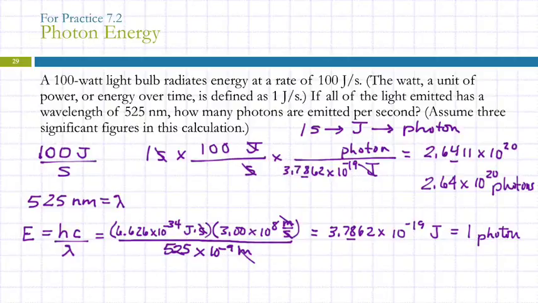That's a lot of photons. Any questions? So, by understanding how to cancel out units, we can put these sorts of problems together just by looking at how can I get the units to cancel.